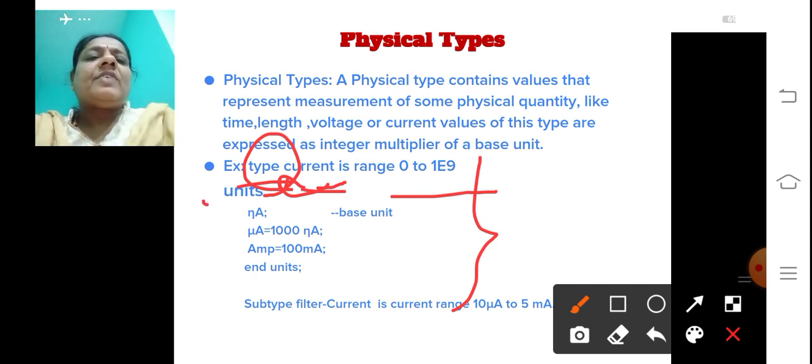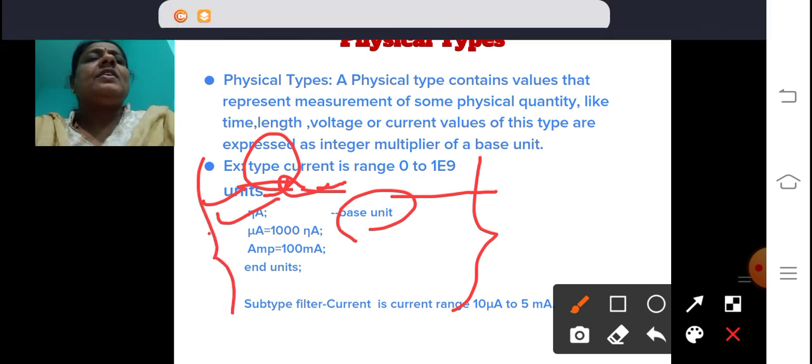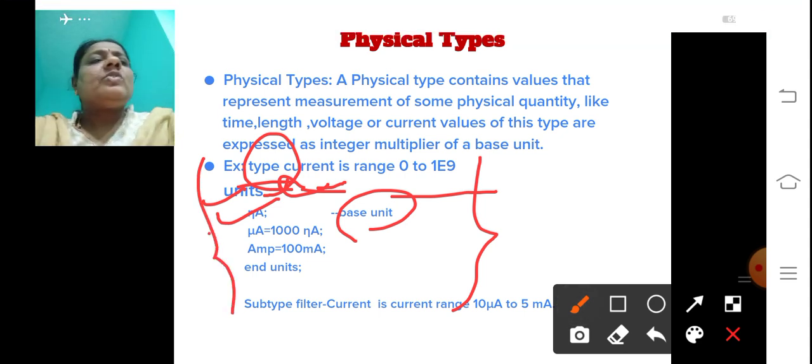Next we have written the units. Afterwards I have written NA, that is nano ampere, which is the base unit. Micro ampere is 1000 nano amperes, and ampere is equal to 1000 milliamperes. End units. This explains the example for the physical type and also the example for the type.